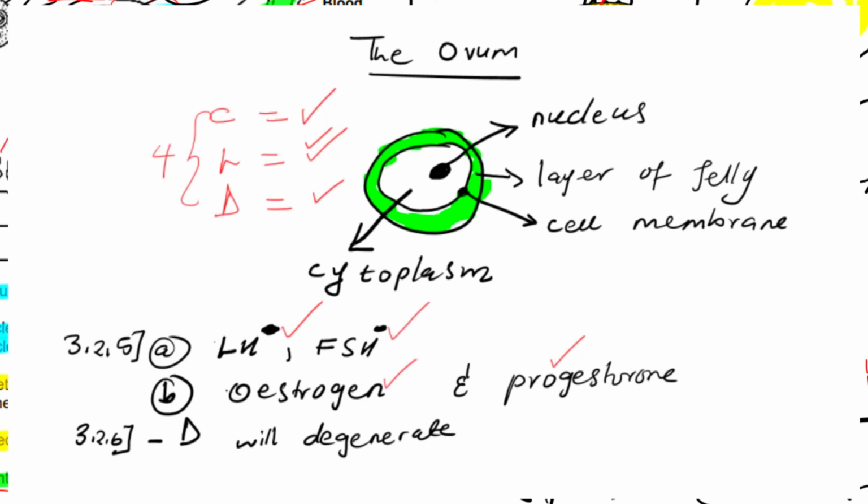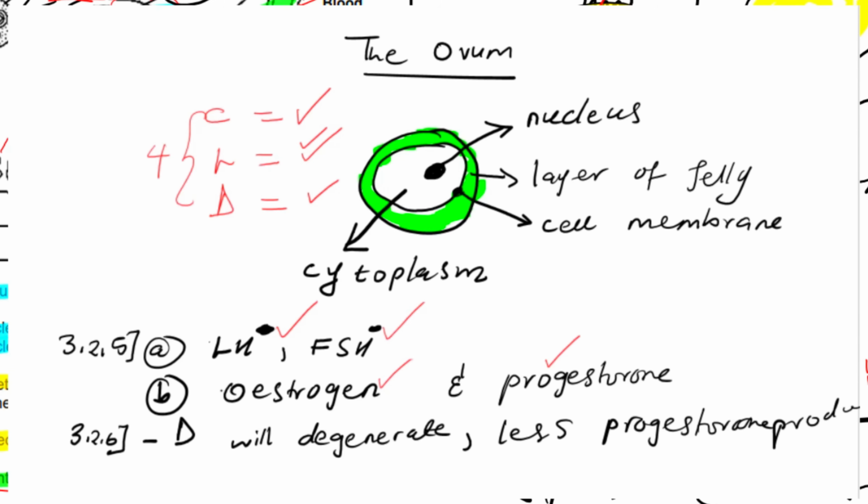So part D, or the corpus luteum, will degenerate, and when it degenerates, there will be what? Less progesterone produced. Less progesterone will be produced, definitely less, because it is the one that produces the progesterone, right?